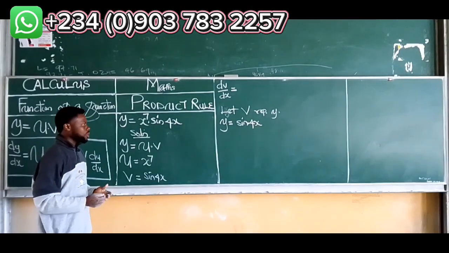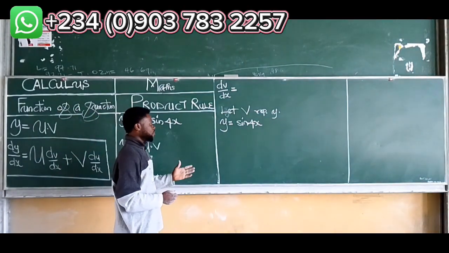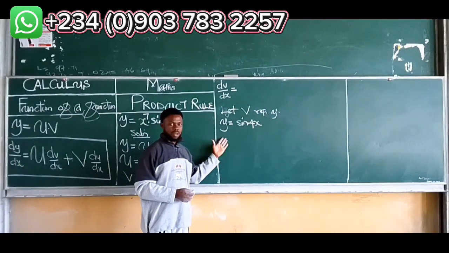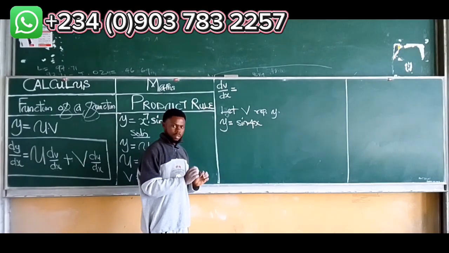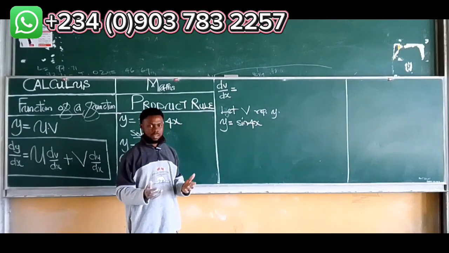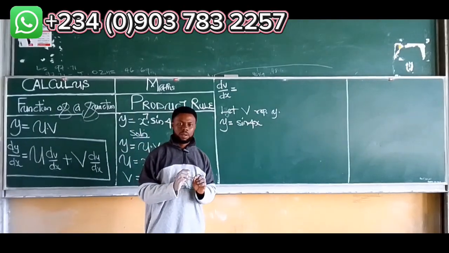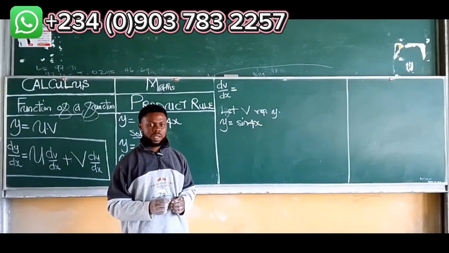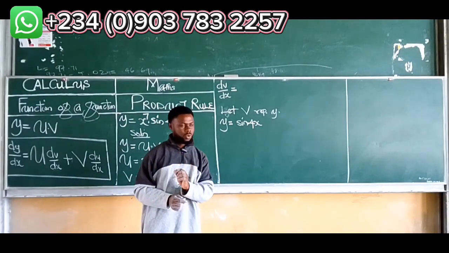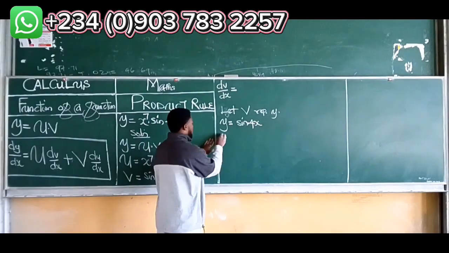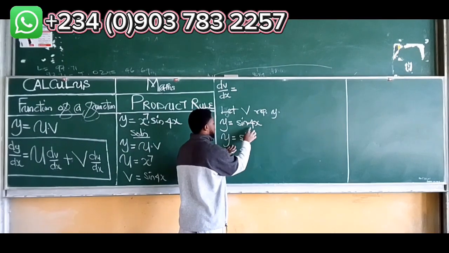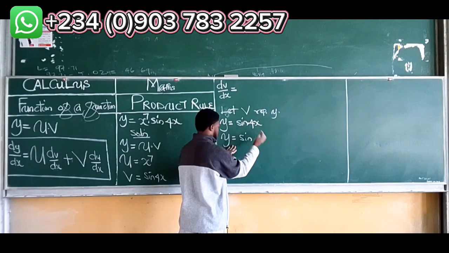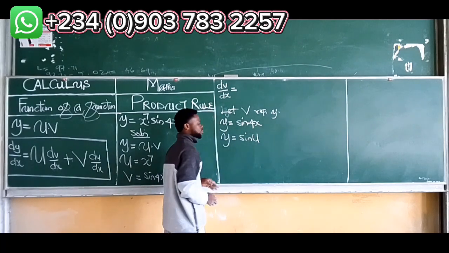In chain rule, it was stated that if a function is given to you as what is written on the board, the group of x, or all the terms that are associated with x, should be represented using letter u. So y will equal to sine 4x becomes sine u.